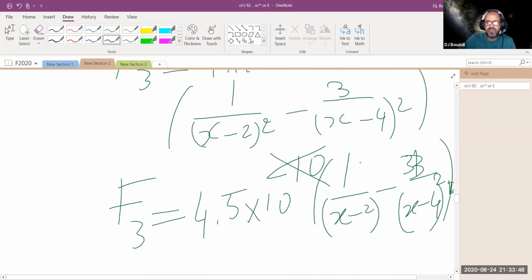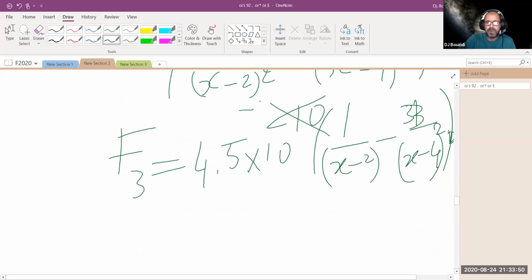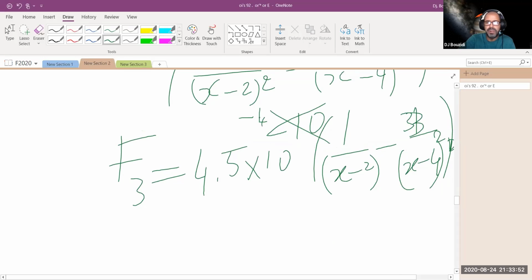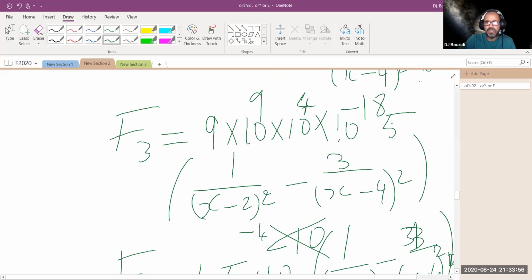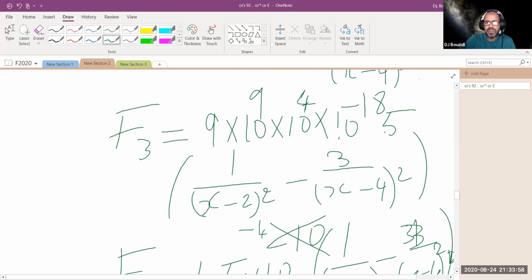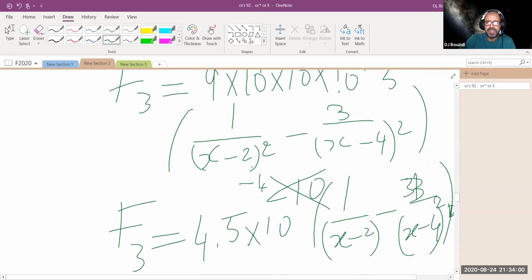So I'm going to be left with 10 to the negative 4 in here, because remember, I was down to 10 to the negative 5, and now down one more time, 10 to the negative 4, because I'm taking one other power from the 45. So the answer, we were off by 100,000. So if we're not careful enough, we're going to get answers wrong. So that's really a good lesson in here to remember to do things right.